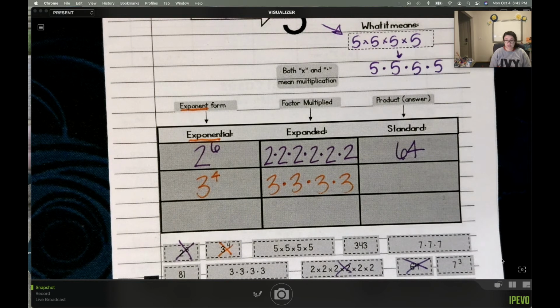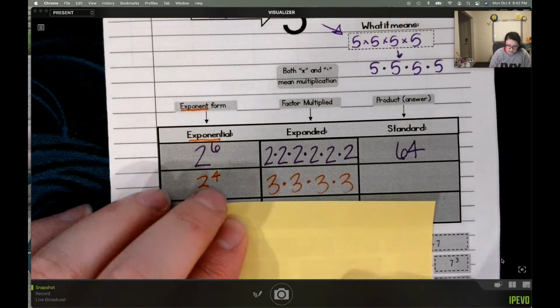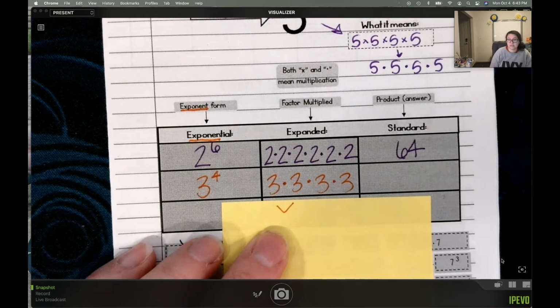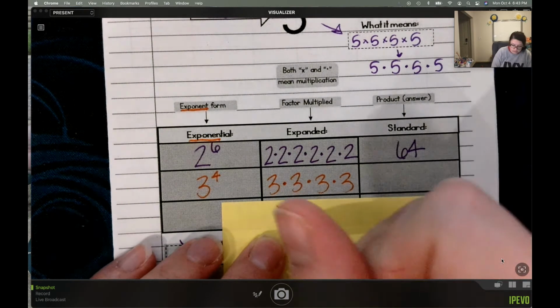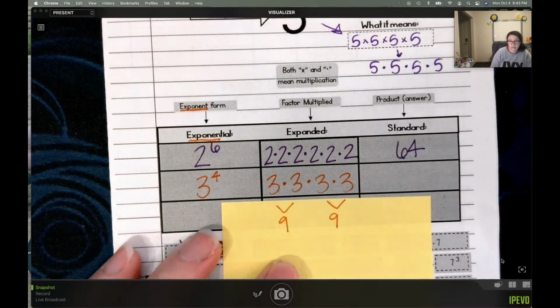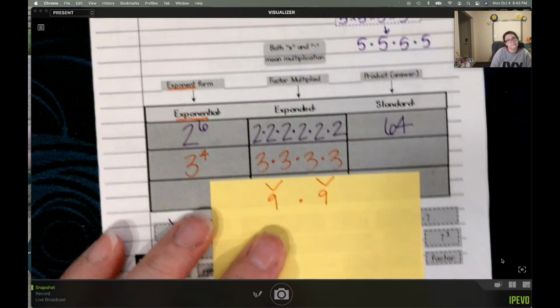Again, I'm going to use some scratch paper to help me solve this, but if you have space on the side or on the back, that's fine. 3 times 3 is 9. So now I've simplified it to 9 times 9. What is 9 times 9?